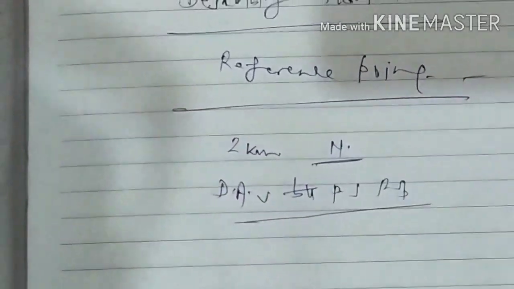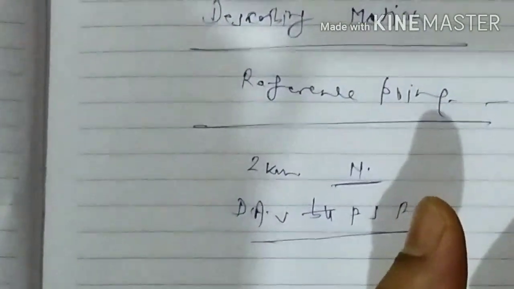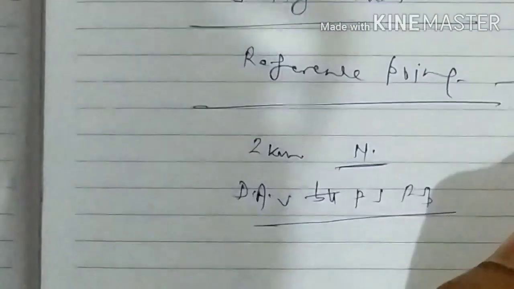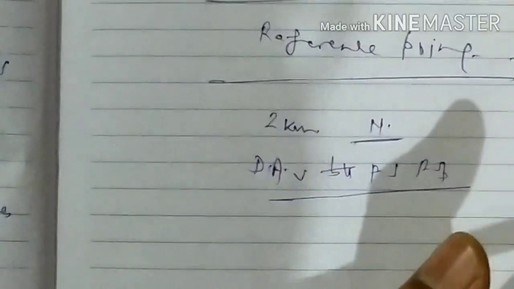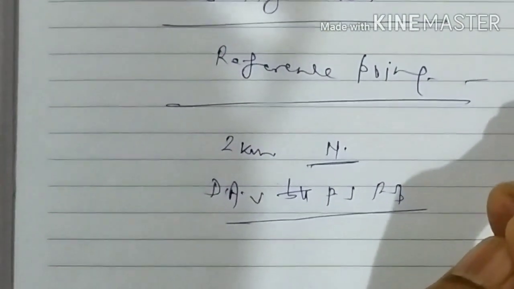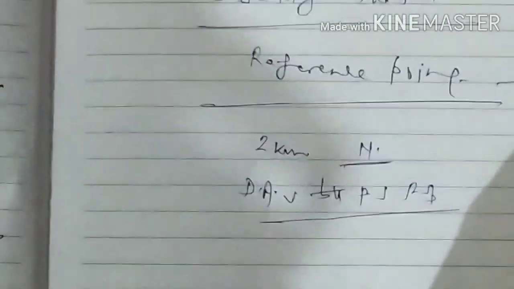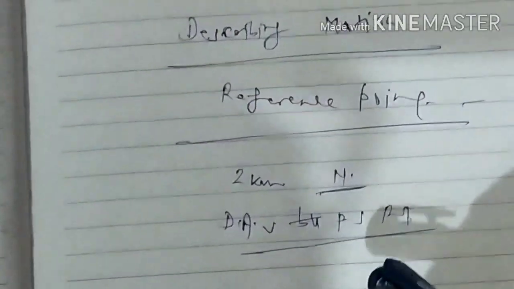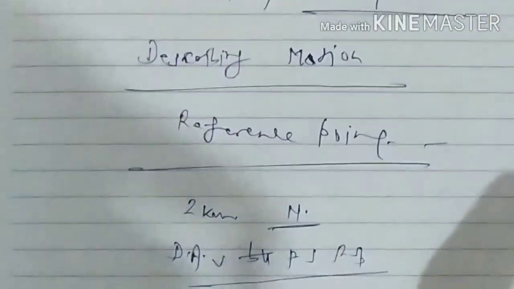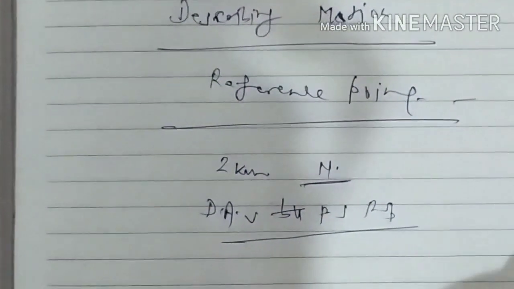But another student measures the distance of his home from Runnisaidpur bus stand, and he or she says that his home is 3 kilometers south from Runnisaidpur bus stand. Then in this example, Runnisaidpur bus stand is the reference point. So, in our day-to-day practice, there may be a lot of reference points.